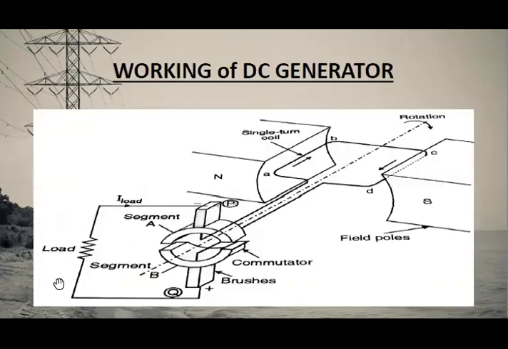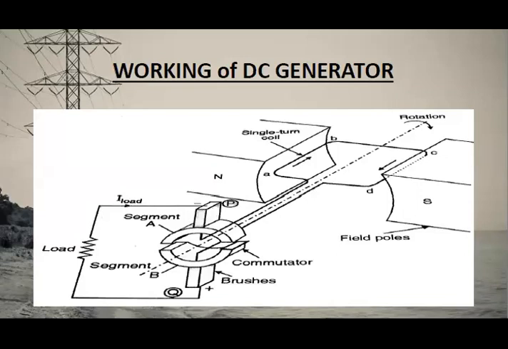And coming to the working of a DC generator, we can see here a conductor frame is placed like this, which is connected to the commutator and brushes, a single turn coil. The working principle of the DC generator is based on Faraday's law of electromagnetic induction.